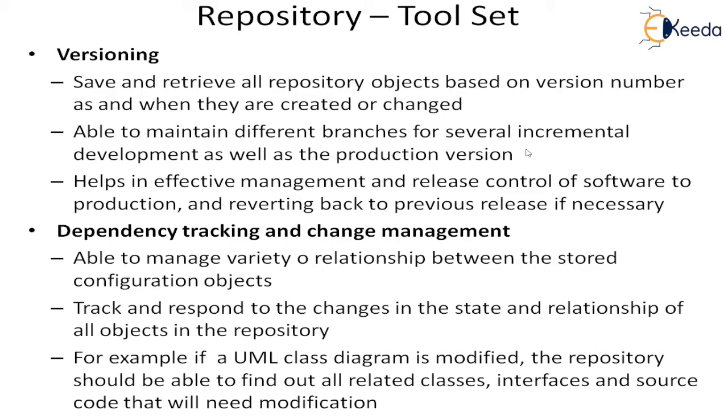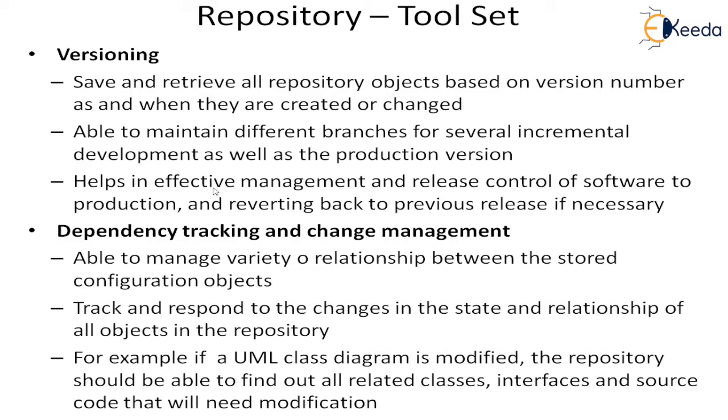With respect to this baseline, it will create some different branches, because more than one set of development might be going on at a time, or we're creating different increments. So for each increment, it will create a copy of the components that are required. It will take it out from the repository, create a different branch, and in that branch it will keep the copy, so that it will be easy for the developers to access it.